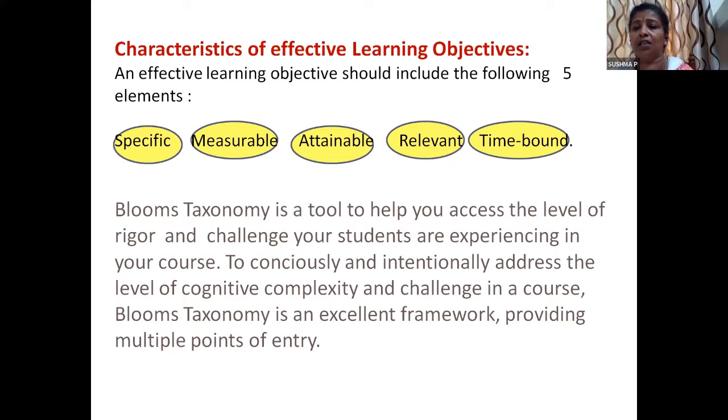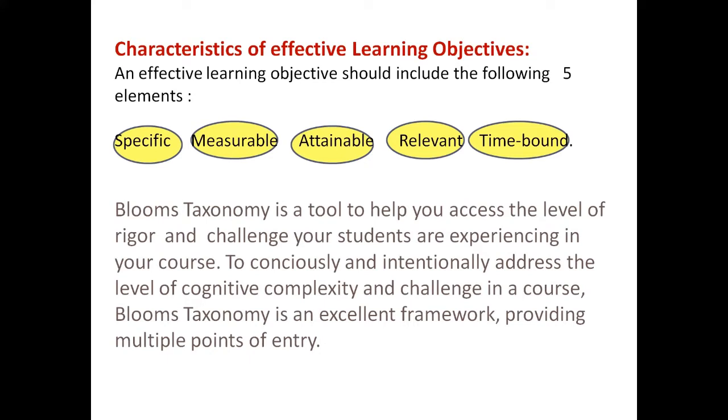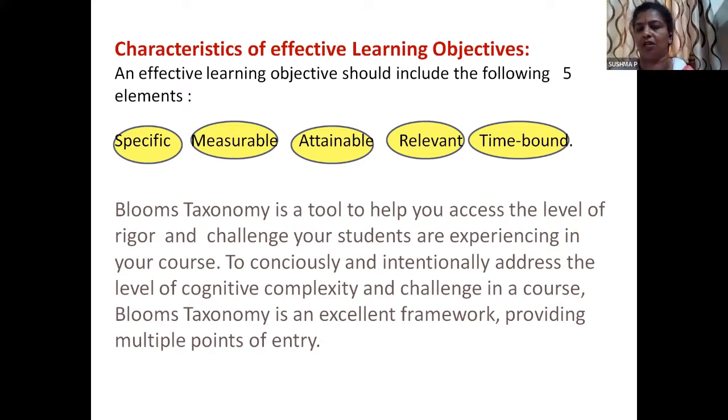When you say the child knows numbers, that does not define clearly what he knows or how much he knows, so it cannot be measured or attained. So it should be something which can be measured and attained, and it should be relevant to the topic. When we are talking about numbers, it should be relevant to that number system, and within that period of time, that learning objective has to be gained by the child.